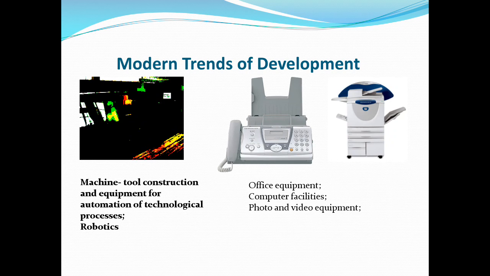Then equipment, automation of technological processes, is happening in the mechatronic system. And the latest examples we can say are robotics, and all our office equipment, computer facilities, photo and video equipment. So most of the equipment is converting from mechanical into mechatronics systems.